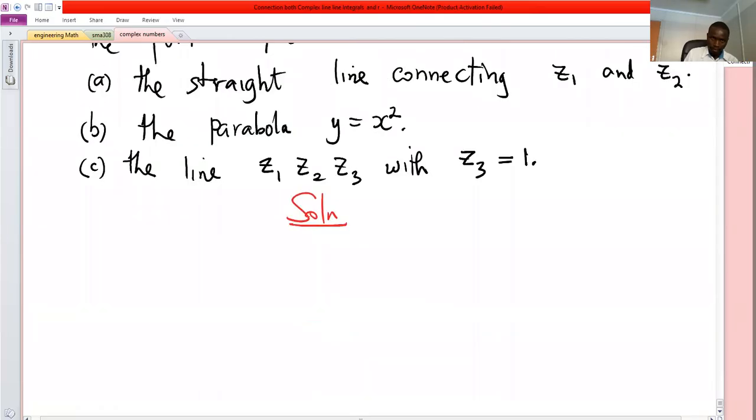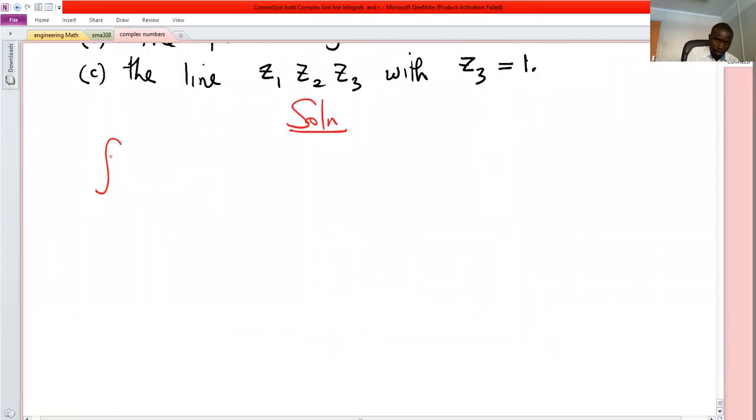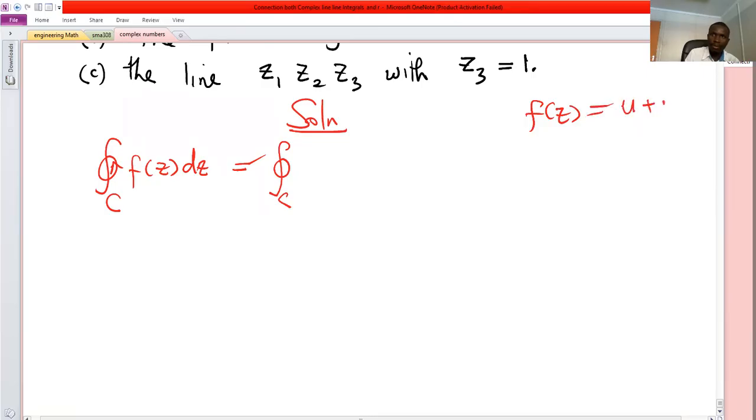We know that the integral of f(z) dz along C can be written as the integral of f(z), a function which is given in terms of u + iv, where z is given by x + iy.